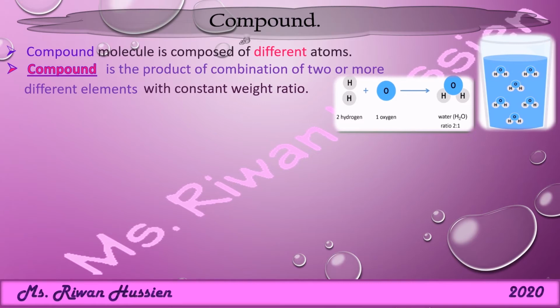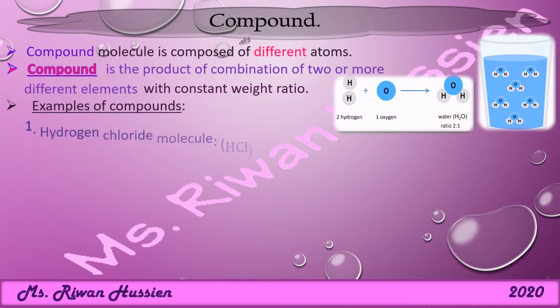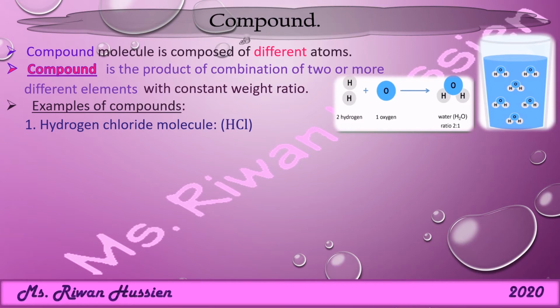Let's study some examples of compounds. Example 1 is hydrogen chloride molecule. It is a product of combination of 1 hydrogen atom represented by letter H and 1 chlorine atom represented by letters Cl.